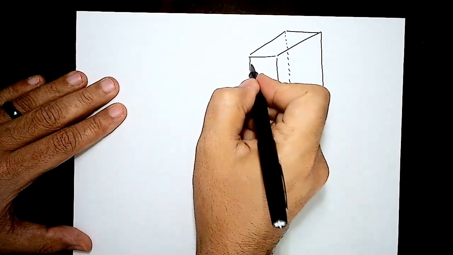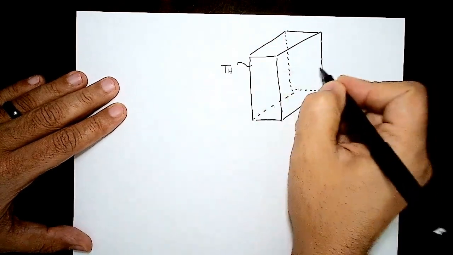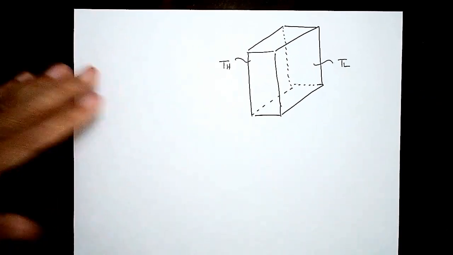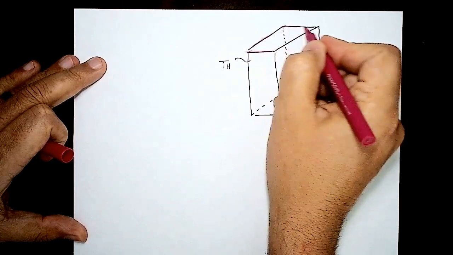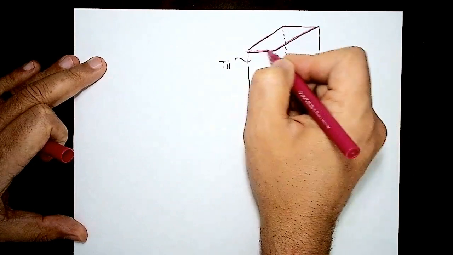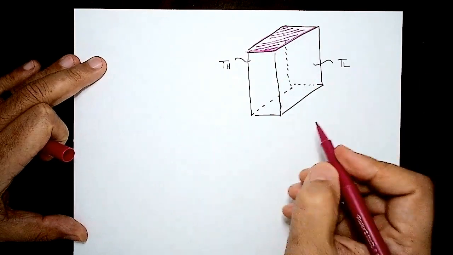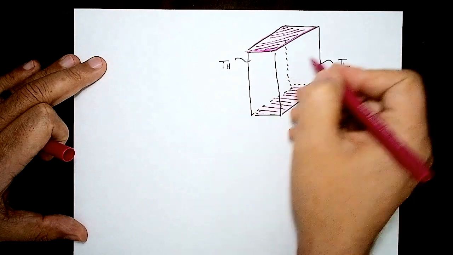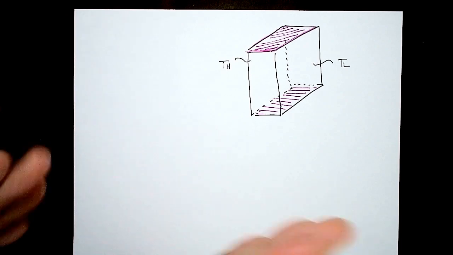Let's assume that the back face has a high temperature, and the front face here has a low temperature. Then let's assume that everything else is isolated. So there is no chance for heat to come out of this face, or that bottom face, or that front face, or that back face. It's only going to transport between the back and the front face.